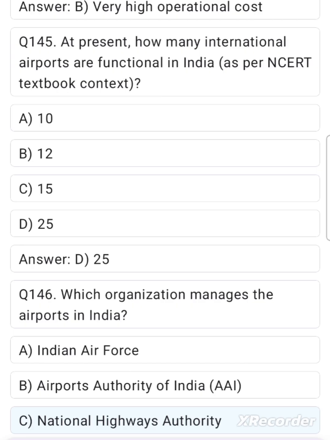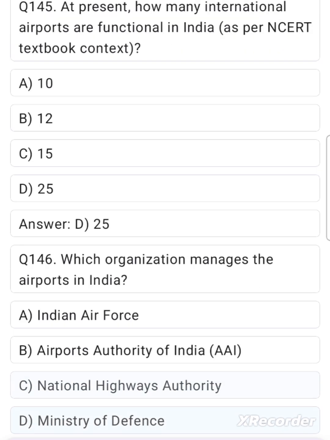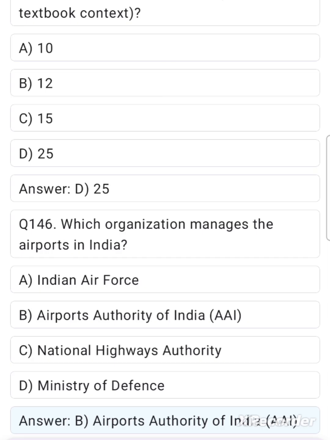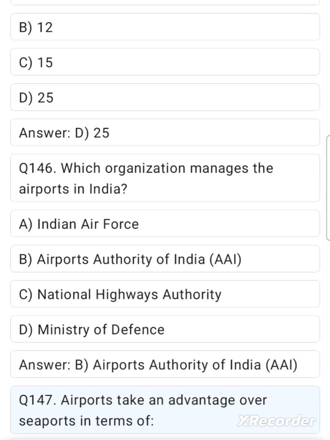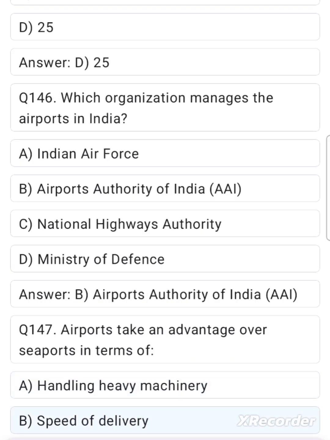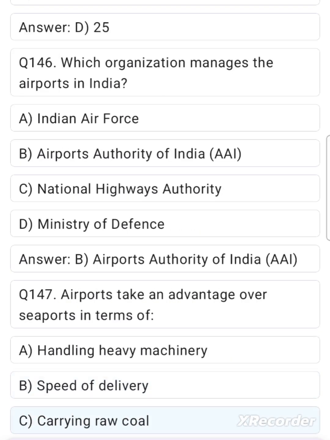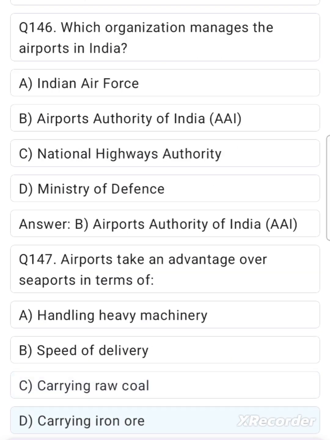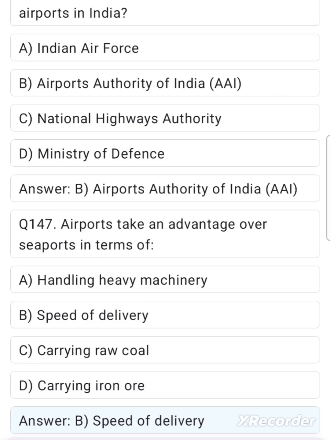C. National Highways Authority. D. Ministry of Defense. Answer: B. Airports Authority of India, AAI. Q147. Airports have an advantage over seaports in terms of: A. Handling heavy machinery. B. Speed of delivery. C. Carrying raw coal. D. Carrying iron ore. Answer: B. Speed of delivery.